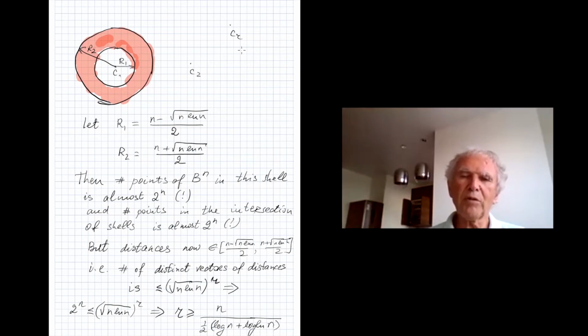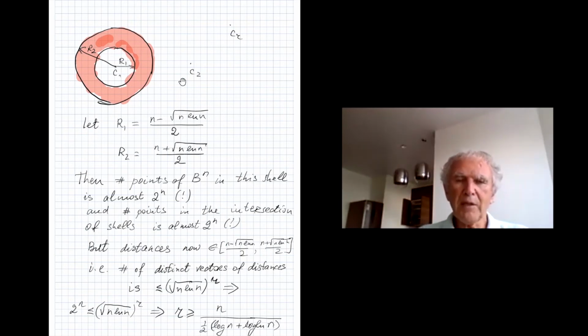Consider our chosen points. This is, in some sense, a metric basis of this Hamming space. The points C1, C2, ..., CR, with the property that we can recover any binary point by its distances to the points C1, C2, ..., CR.